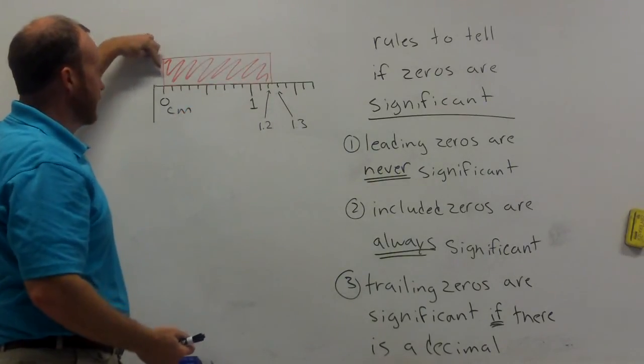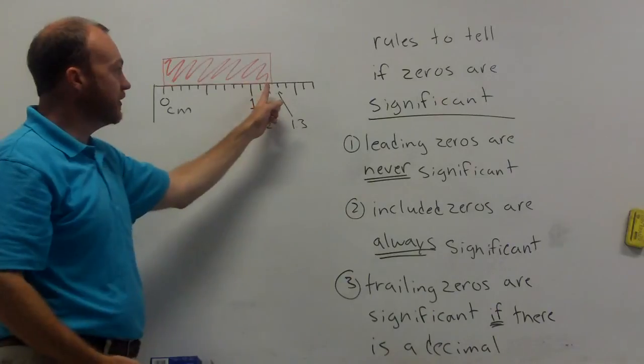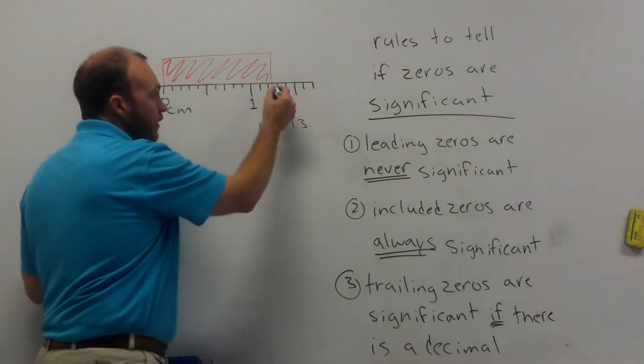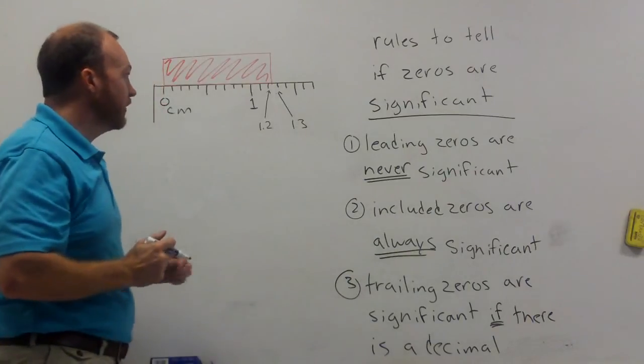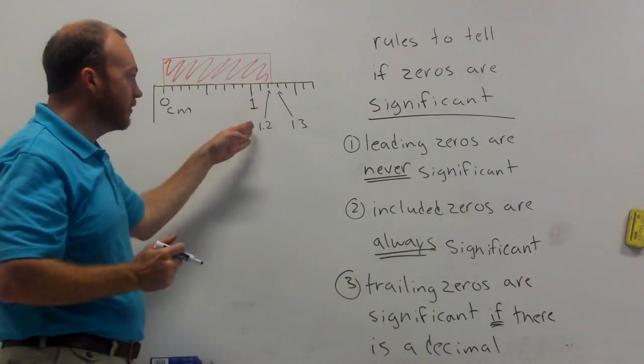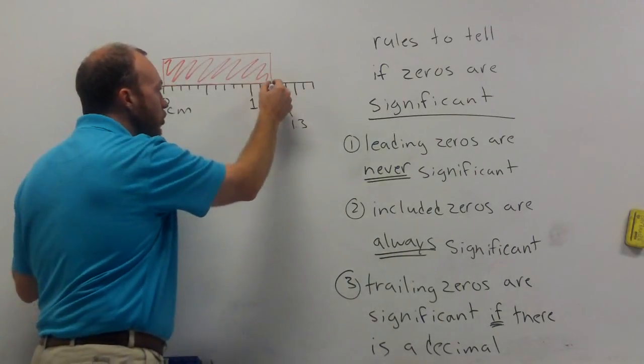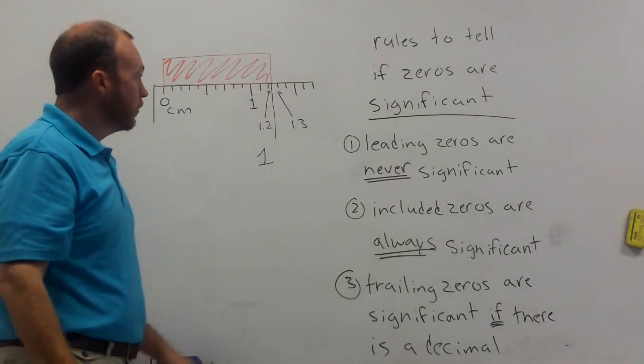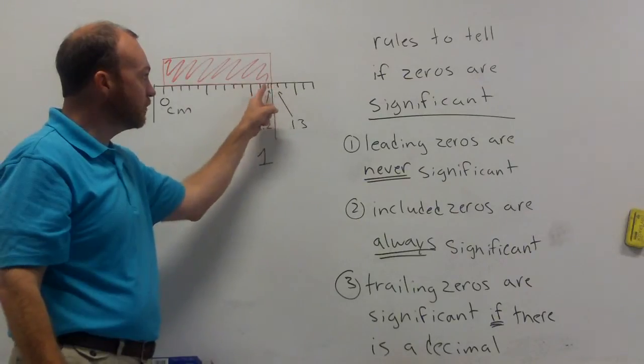We've started by lining it up with a 0, and we can see that the object ends in between 1.2 and 1.3. So we talked about in the last video that we're measuring this centimeter exactly. We know for sure that this is at least 1 centimeter long. We also talked about that we're measuring this tenths place exactly.